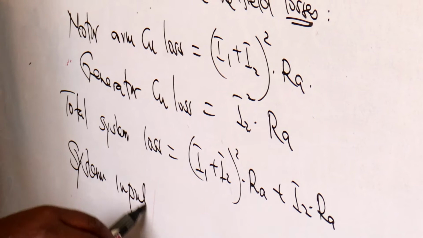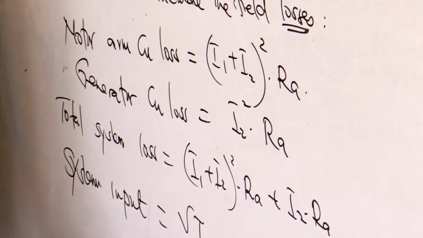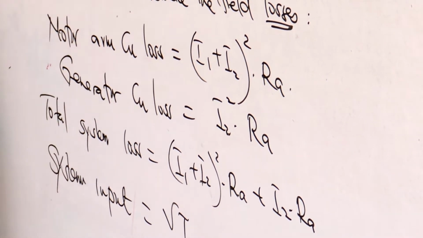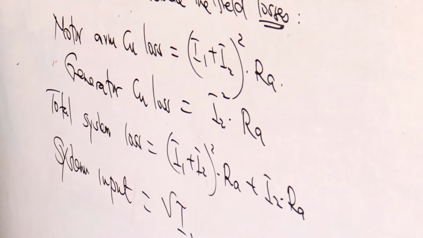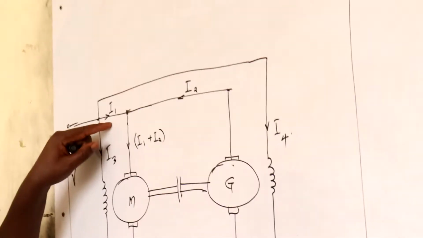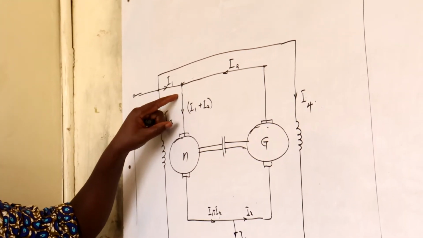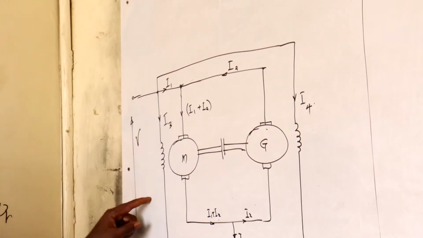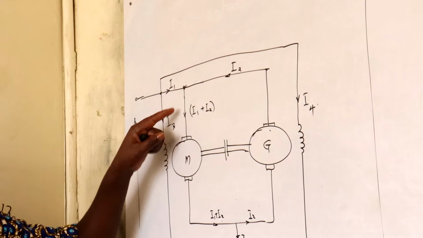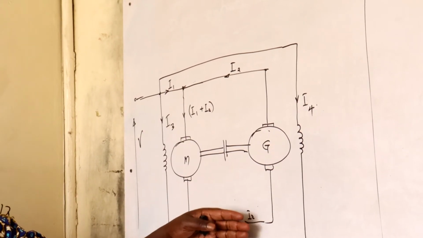System input is VI1. VI1 is what was applied to this system, V times I1. The others are self-generated in the process.